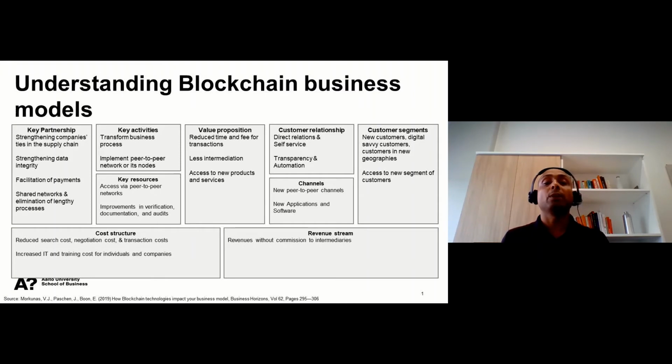Now let us try to understand how we can think about the deployment of blockchains in our existing businesses, as well as the assembling of a new blockchain-based business venture. To answer the question, we will use the concept of business model canvas developed by Osterwalder.